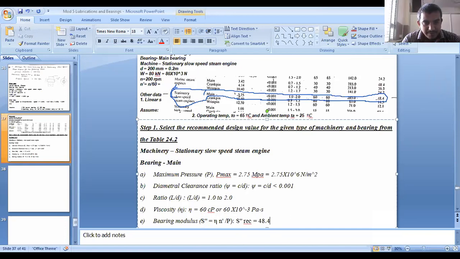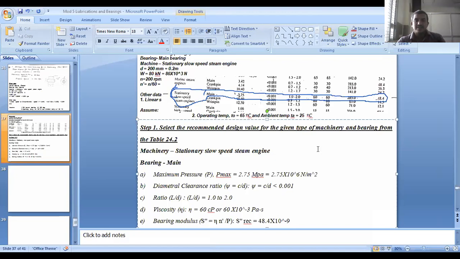Is there any unit? It's into 10 raised to power of minus 9. No units, right? Into 10 raised to power of minus 9.